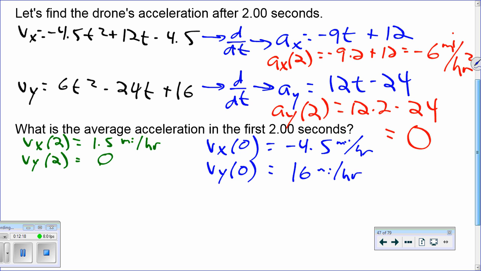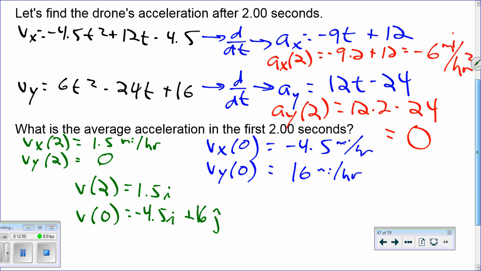Follow? Everybody good? So our velocity after 2 seconds is 1.5 i. We'll worry about units later. Our velocity after 0 seconds is negative 4.5 i plus 16 j, right?